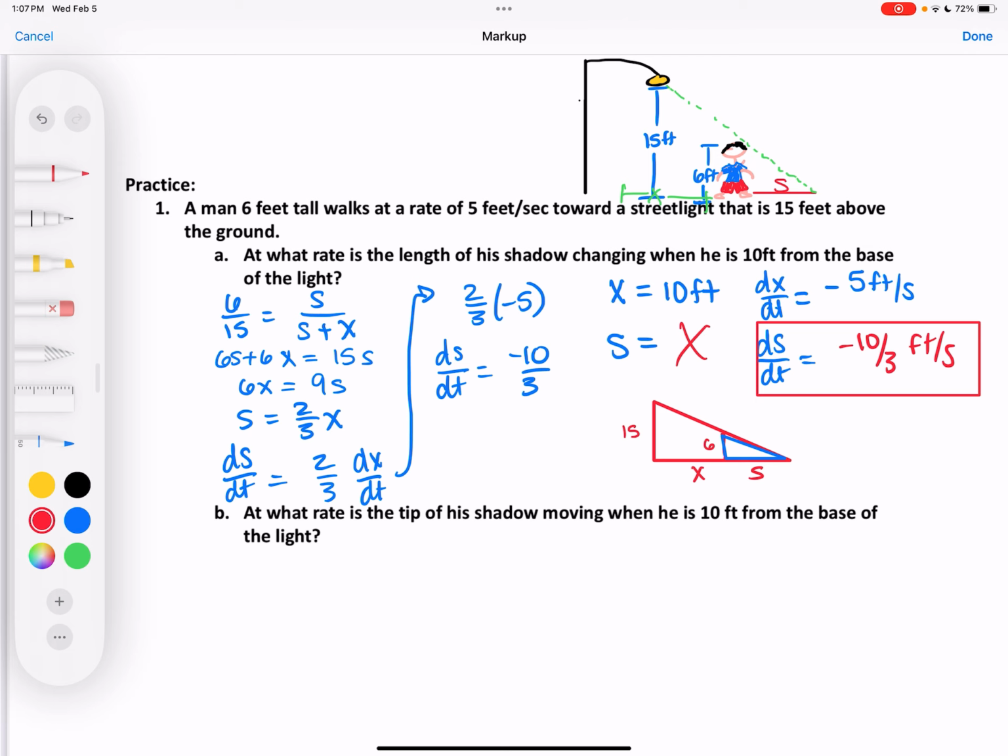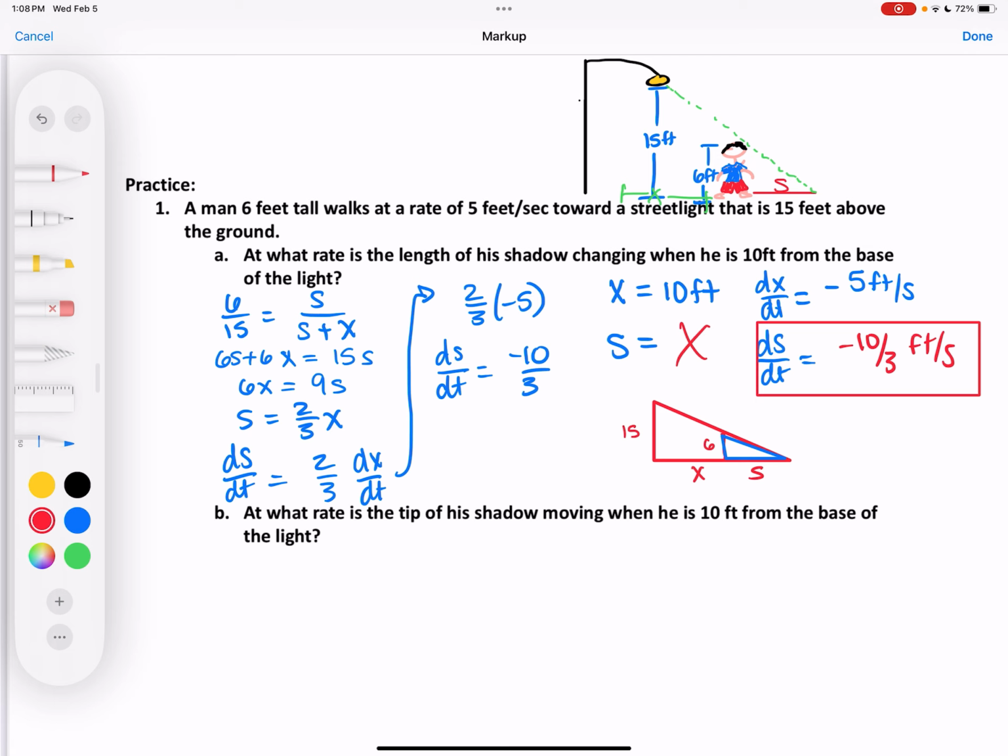The previous one was asking at what rate the length of his shadow was changing, but this one is asking at what rate the tip of his shadow is moving. So in this case, all I need is x plus s, because I know how far he is from the light, and then the shadow is what's changing.